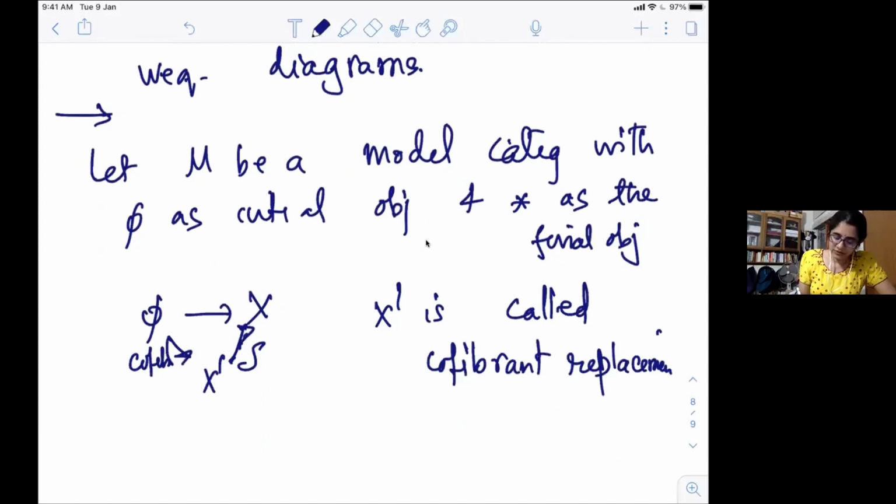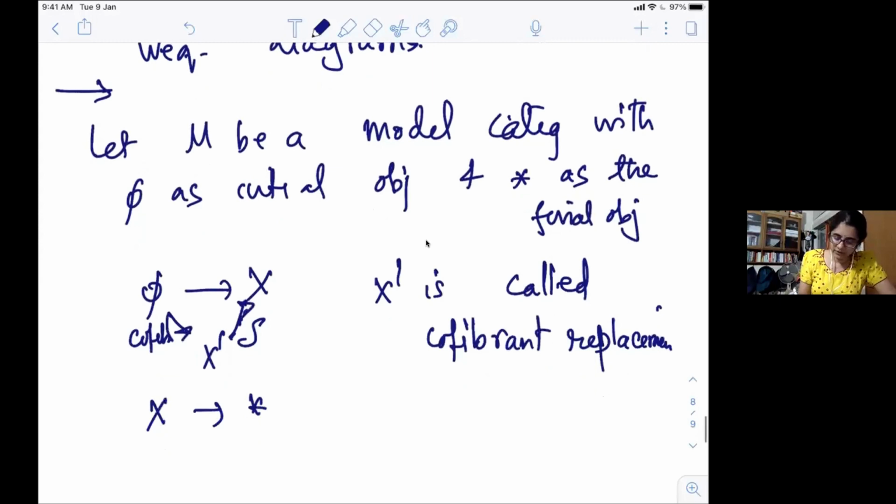And similarly, if I take X to a point and then I factor it, so this is a weak equivalence to some X prime. So maybe I'll use the standard notation here. It is denoted like this, so there is a C put here.